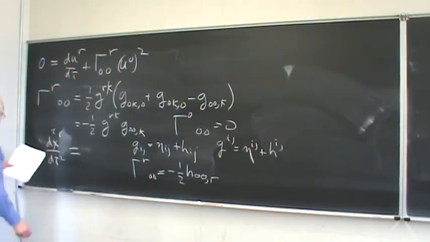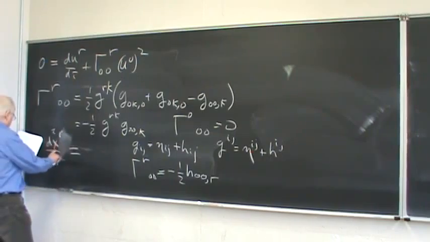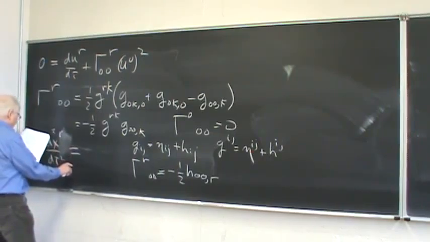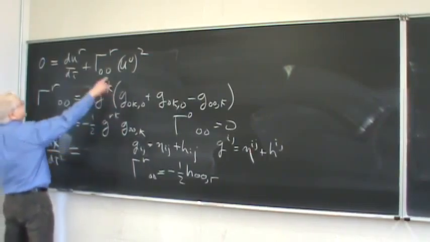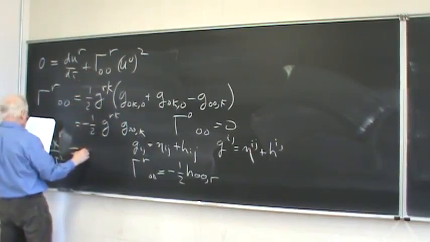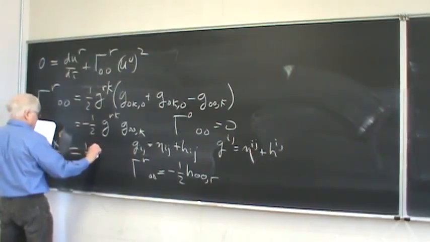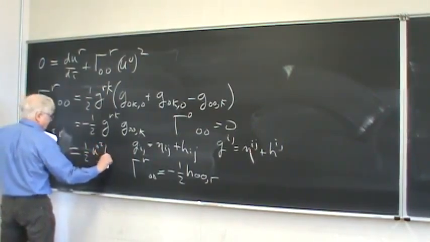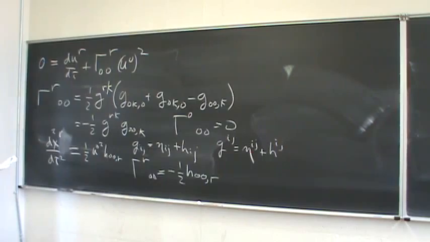All right, anyway, to get back to this then, this d2x^r/dtau squared is then, because of the minus sign there that comes up here, equal to a half u0 squared h00,r. But now u0 squared is essentially just c squared.